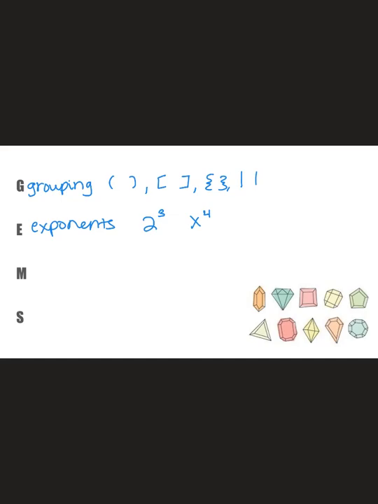Next, we have M, which is actually multiplication or division. We move left to right the way that we read, whatever one is first. If we have two multiplications or two different divisions or division then multiplication, we just go left to right.